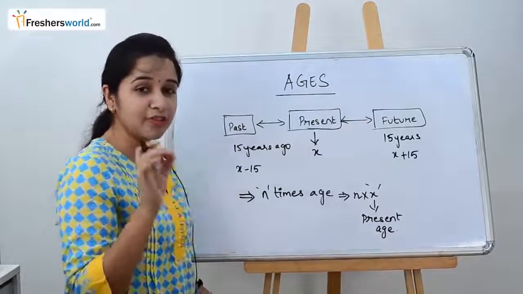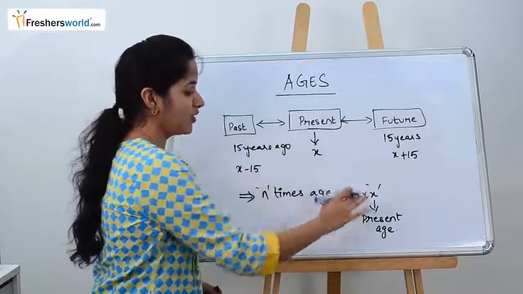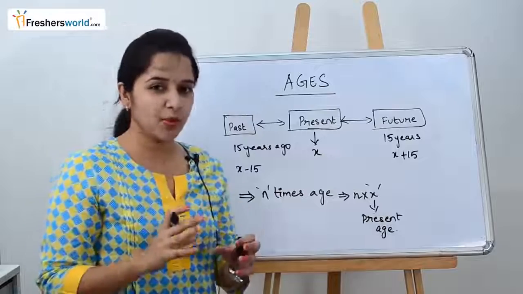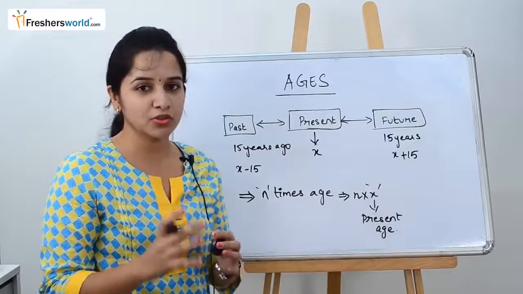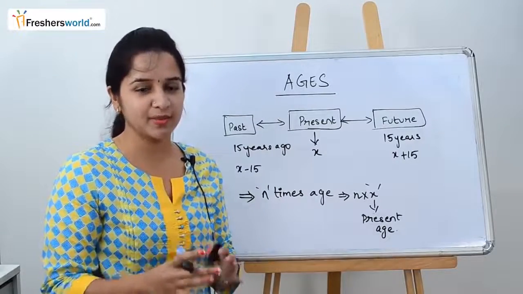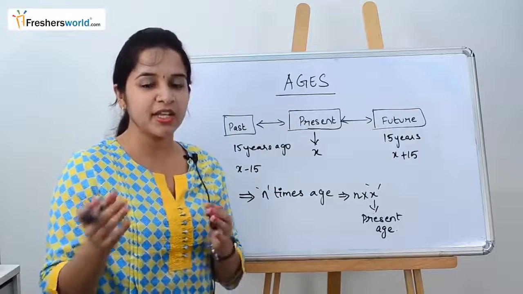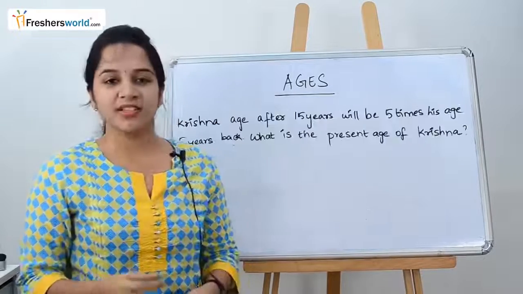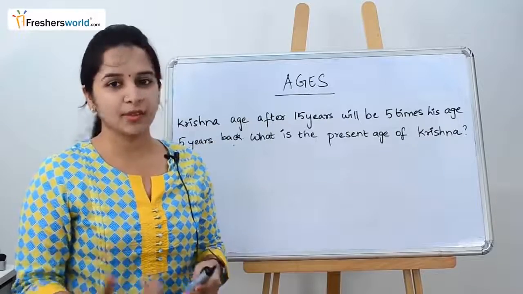So to solve any ages problem, these 4 concepts should be very clear. Ages problem is not about how you're going to solve the sum. It's about how well you understand the sum, how well you are segregating the sum in order to get the answer better. To understand the ages concept better, let's solve a couple of problems.